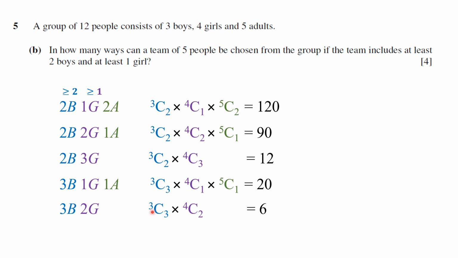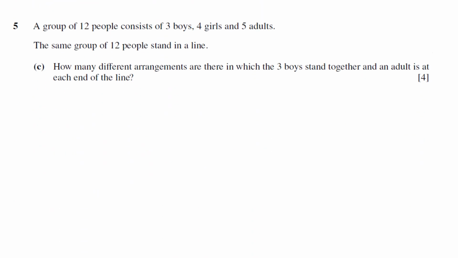So this is going to be 3 combination 3 multiplied by 4 combination 2, and that's equal to 6. So the total number of ways is 120 plus 90 plus 12 plus 20 plus 6, and that will be equal to 248.